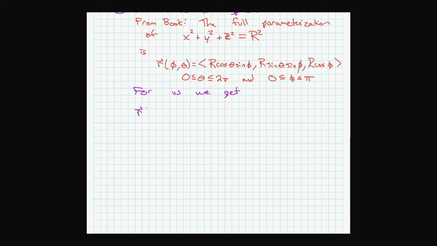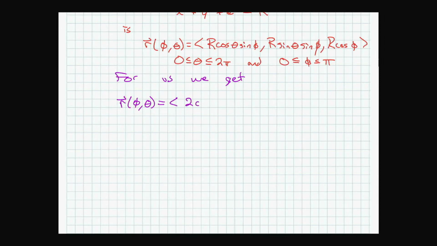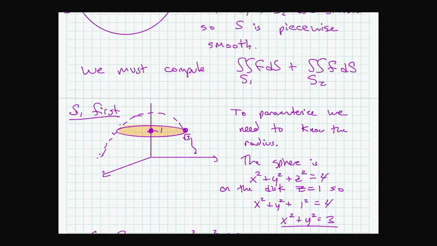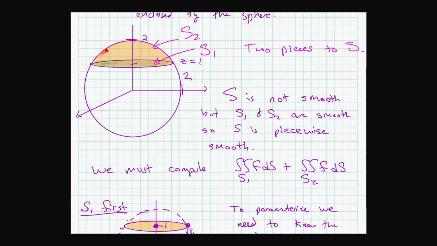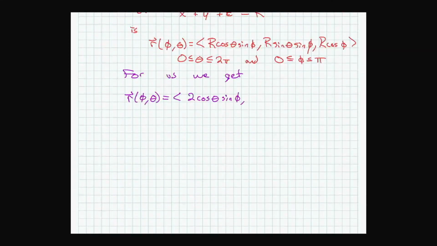However, r of phi theta, we're just going to write this out using a 2 for our radius because our sphere is radius 2. Now, I know that our sphere was radius square root 3 for that disk, but we're not talking about the disk anymore. We're actually talking about this sphere with radius 2. So we got 2 cosine theta sine phi for the x component. Y component is 2 sine theta sine phi, and 2 cosine phi for the z component.